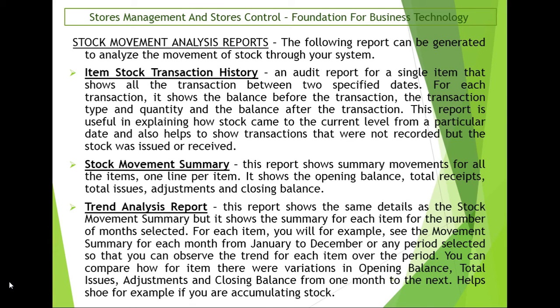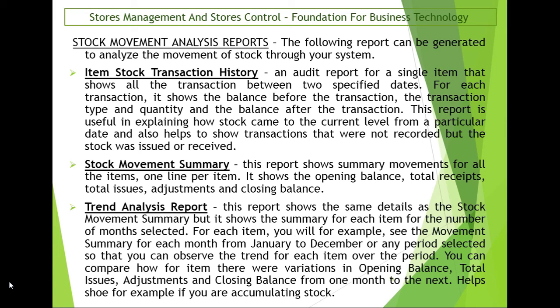It will take item number A and say the opening balance was 100, the total receipts were 200, total issues were 100. If there were any adjustments, it also puts the adjustments. Then it tells you the closing balance was 200.